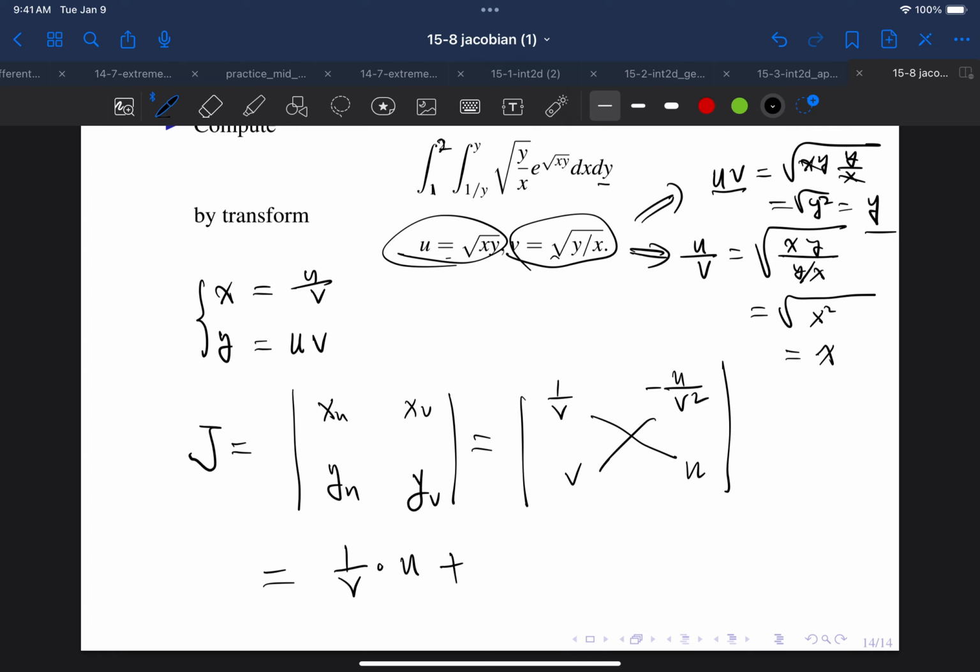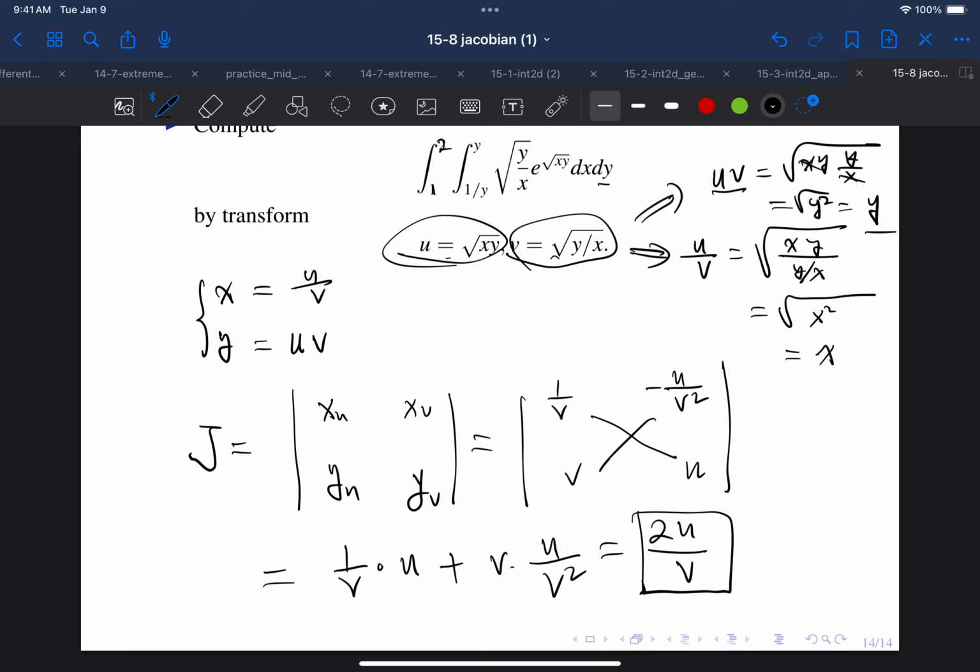So minus minus becomes positive, v times u over v squared, so this is u over v twice, 2u over v. So this is the Jacobian.